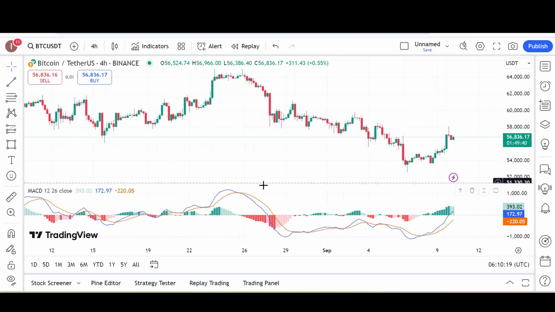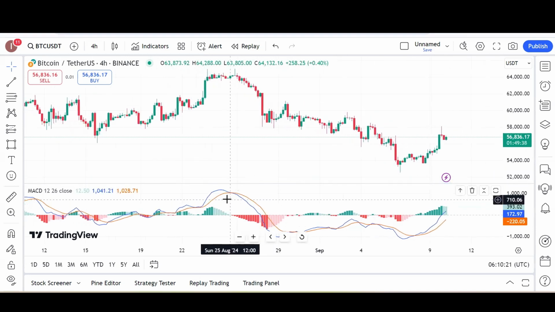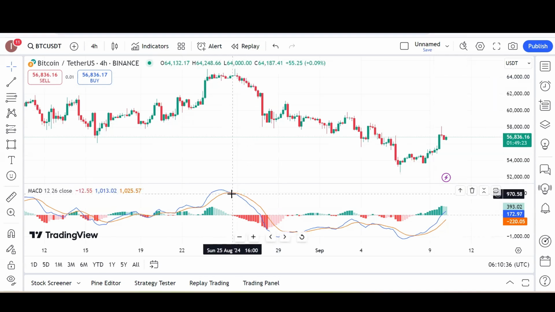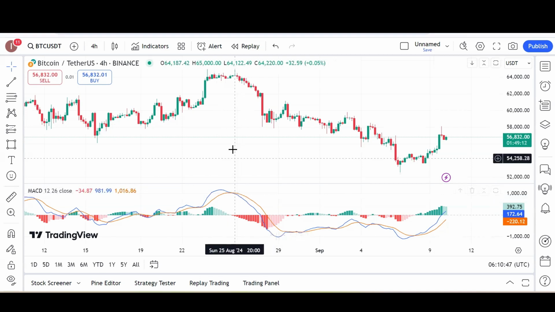Okay, as you can see, when the orange line crosses the MACD line, it shows us the selling volume is constantly increasing, and it gives us the sell signal. As you can see, when the signal line crosses the blue line, you get the signal of selling.